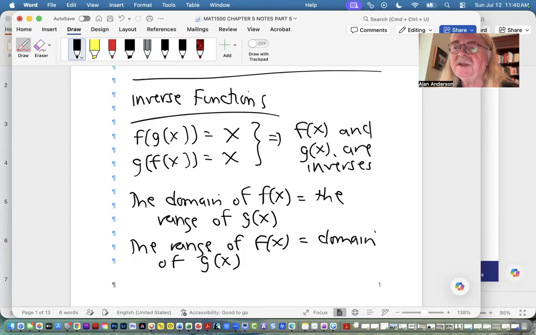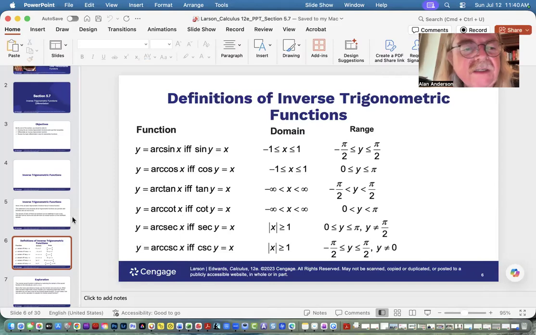Why does that matter so much? Because with the arc or the inverse trig functions, there's usually very tight restrictions on their ranges and domains. They may not be defined over certain intervals, so we have to be extremely careful here. In fact, I think they have some graphs here so we can see this more easily.